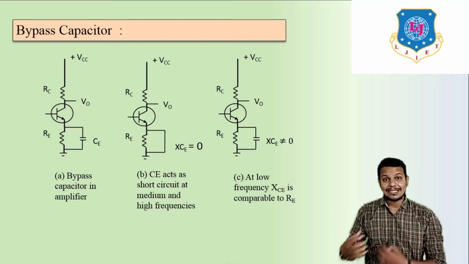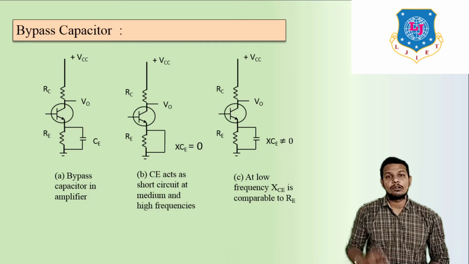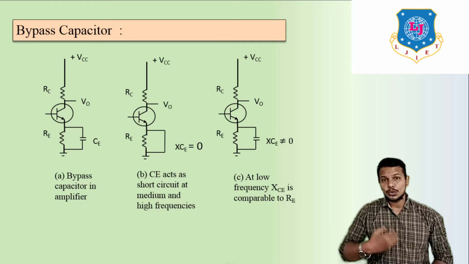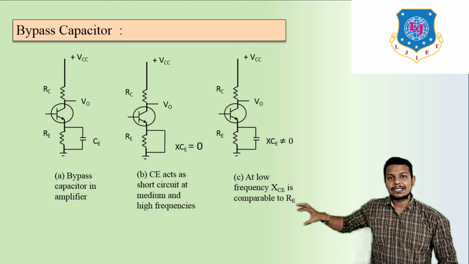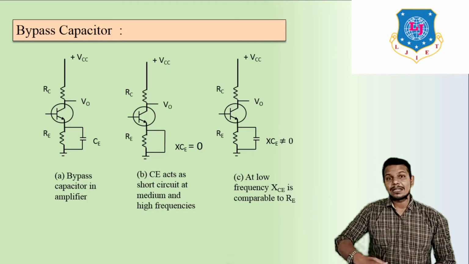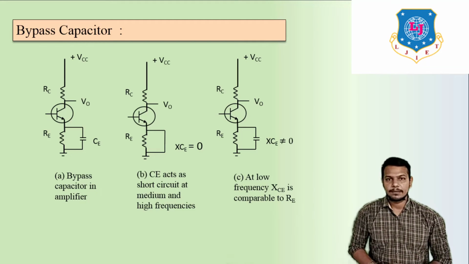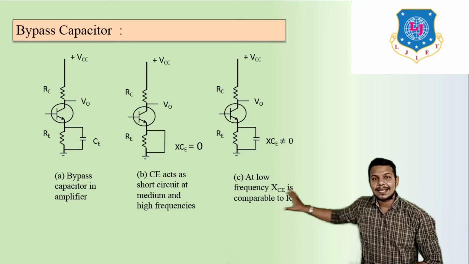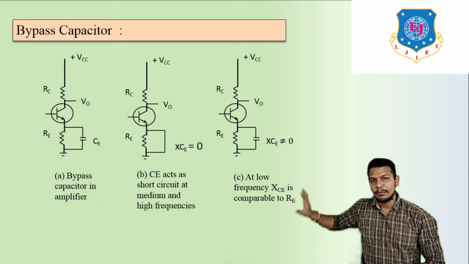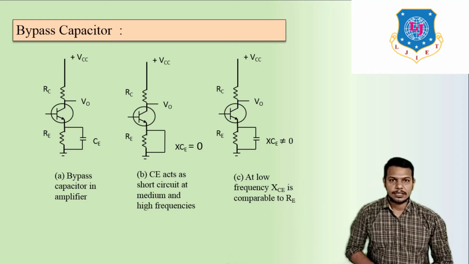Because we already discussed earlier that XC is equal to 1 upon 2 pi fC. When you increase the frequency, XC is inversely proportional to the frequency. So we can say CE is short circuited at medium and high frequency.